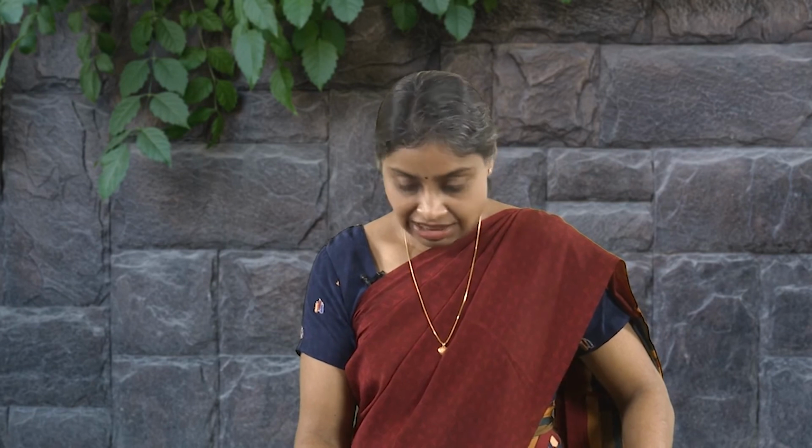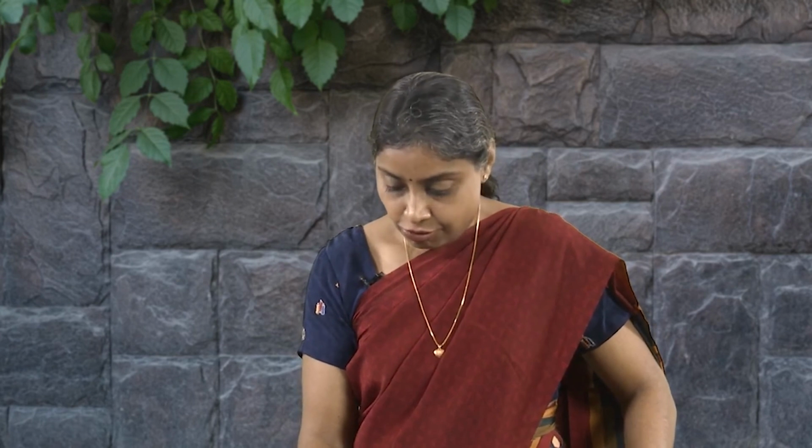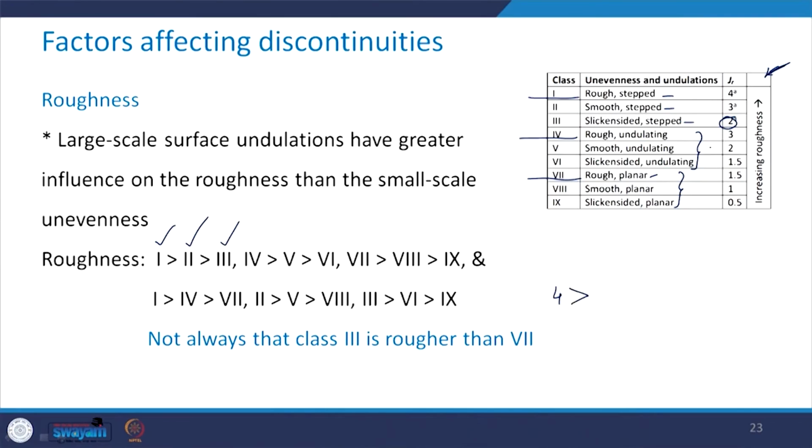So let us see, this is 4, which is more than 3, which is more than 1.5. This one is 4 and that is 6. Likewise you can compare the relative roughness of these classes.